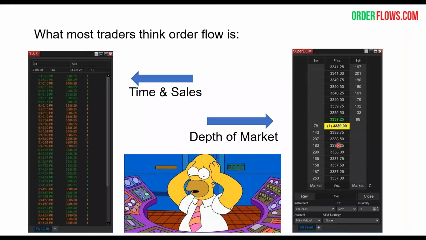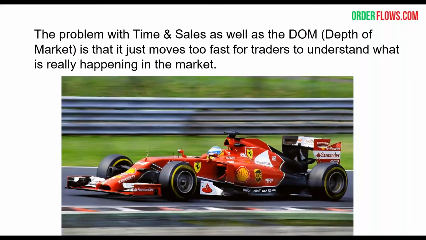But if you're trading something like NASDAQ and even to a certain extent S&Ps, E-minis, it just moves too fast. You can't really make good trading decisions, right? You just can't, right? And the way I describe it is it's like watching a Formula One, right? You see the cars, if you're way up in the stands, you see the cars on the track, but if you're up close and you're trying to take a picture, you can't, right?